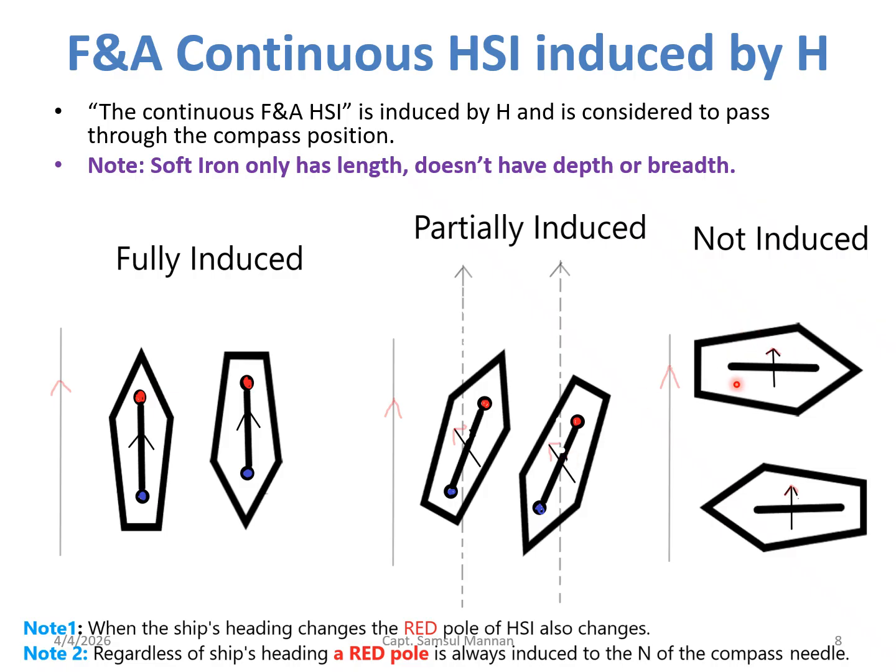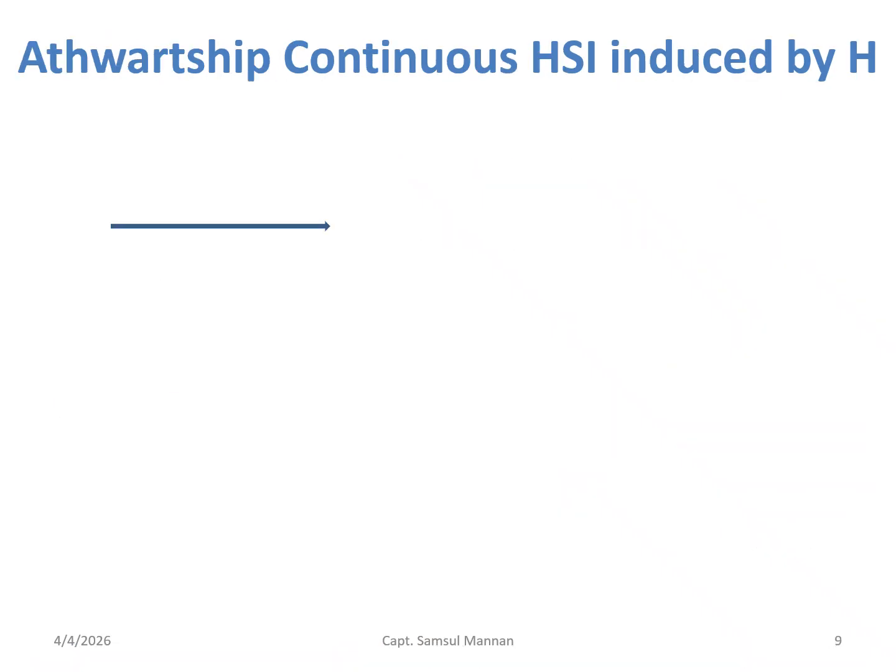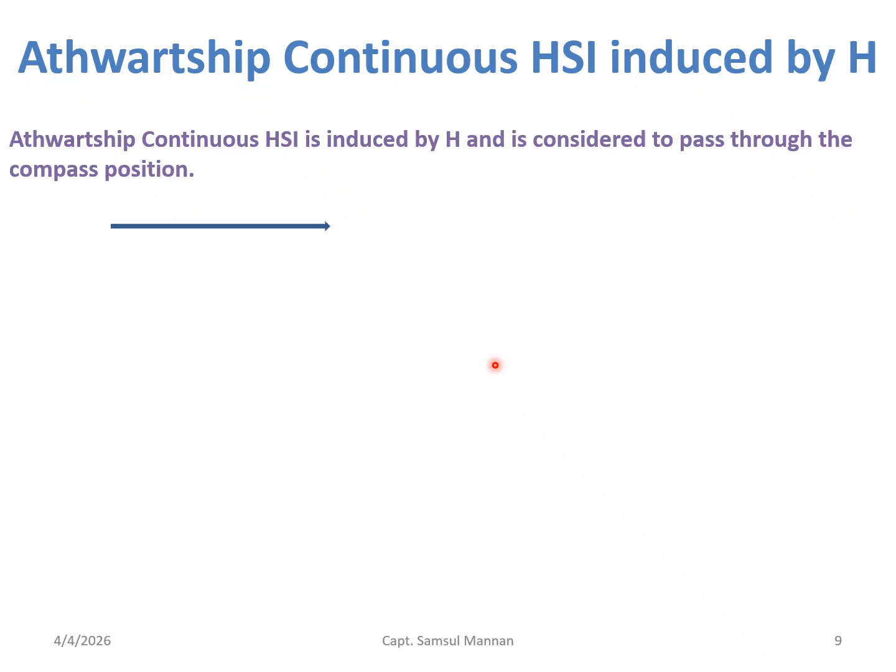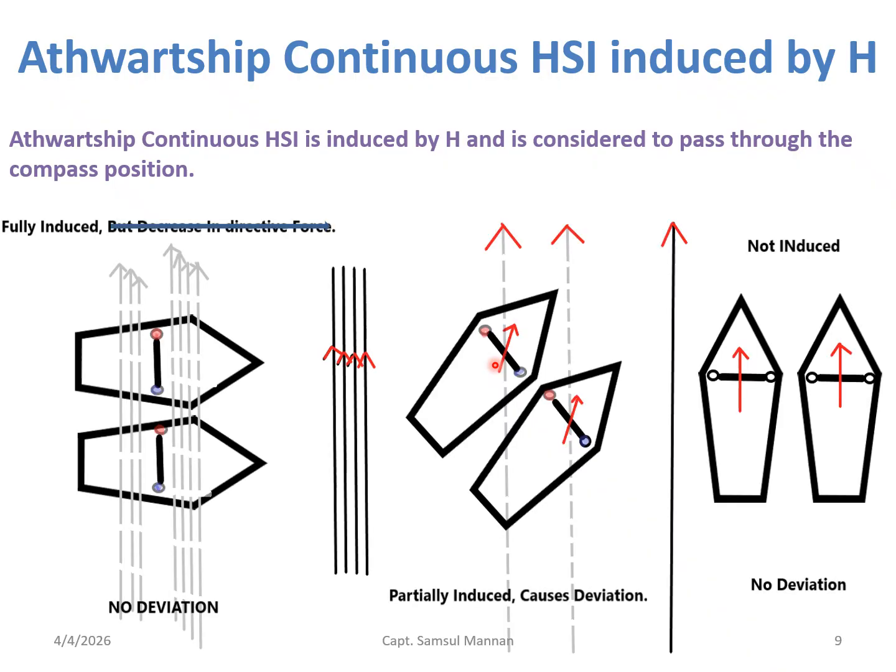Whereas when the vessel course is 090 degrees or 270 degrees, there will be no induced magnetism at all, so it will not have any induction, and therefore there will not be any kind of deviation at all, right? Let us see what happens with the athwartship continuous HSI. This athwartship continuous horizontal soft iron is induced by H and is considered to pass through the compass position, right?